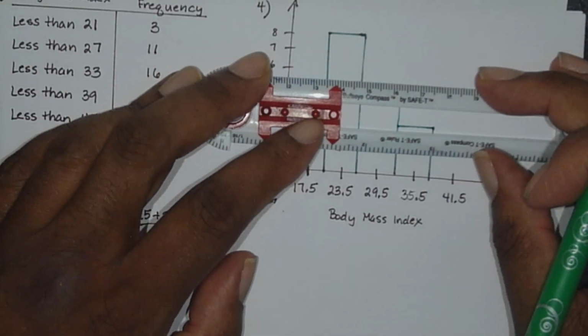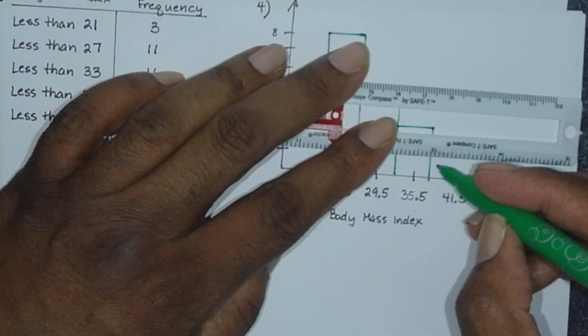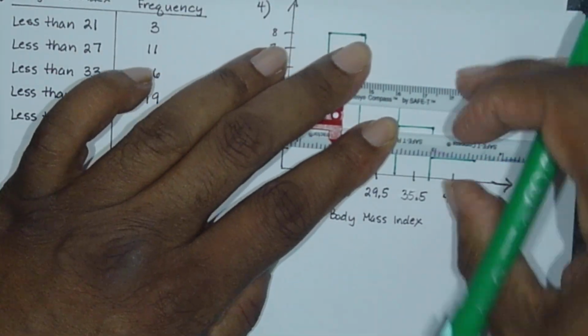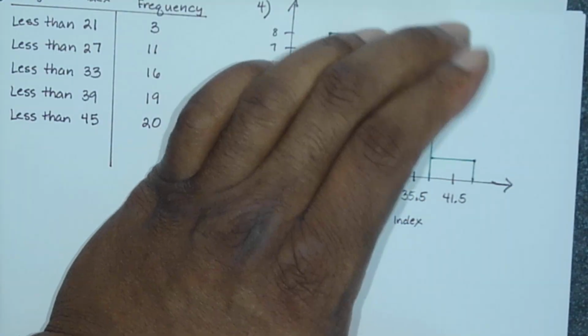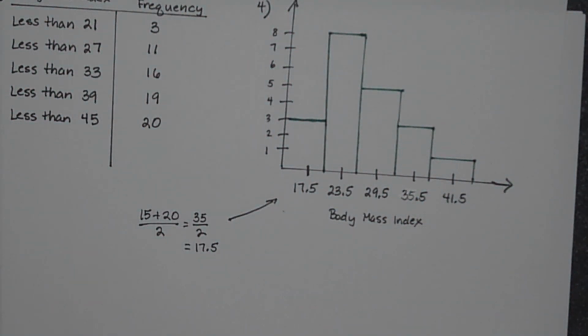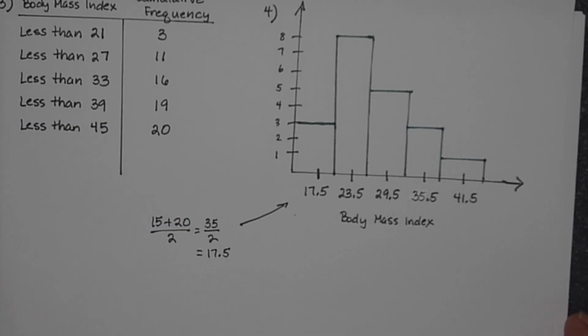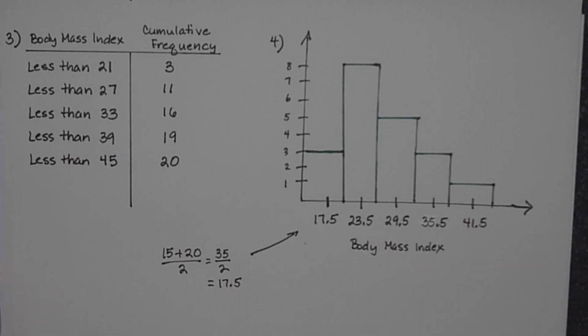So that bar would be at the height of 1. Okay. All right, are there any questions about problem number 3? I mean number 4, constructing the histogram.